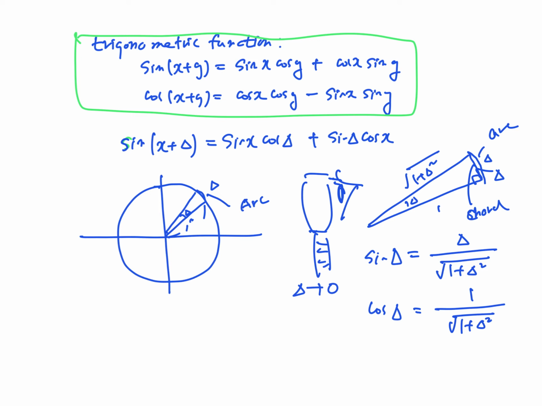That's actually what Newton did in 1645. So we have one interesting limit: delta over sine delta is the square root of 1 plus delta squared over 1, and it goes to 1 as delta goes to 0, right?